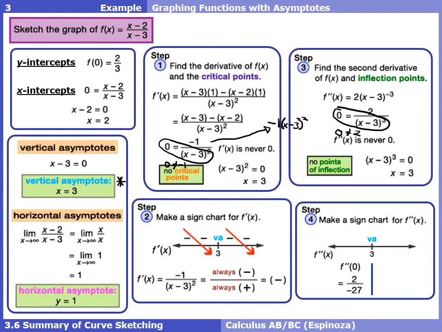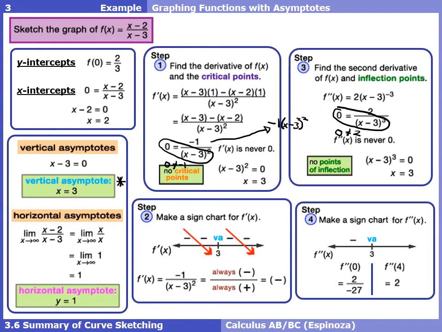Okay, so in this one I can't do the little trick where I don't have to pick a number to the left and to the right, so I'm going to just go back to the regular way of doing the sign chart. I'm going to pick 0 to the left and plug it into the second derivative. You'll get a negative fraction, so we'll label that as a negative. To the right of 3, I'm going to plug in 4 into the second derivative.